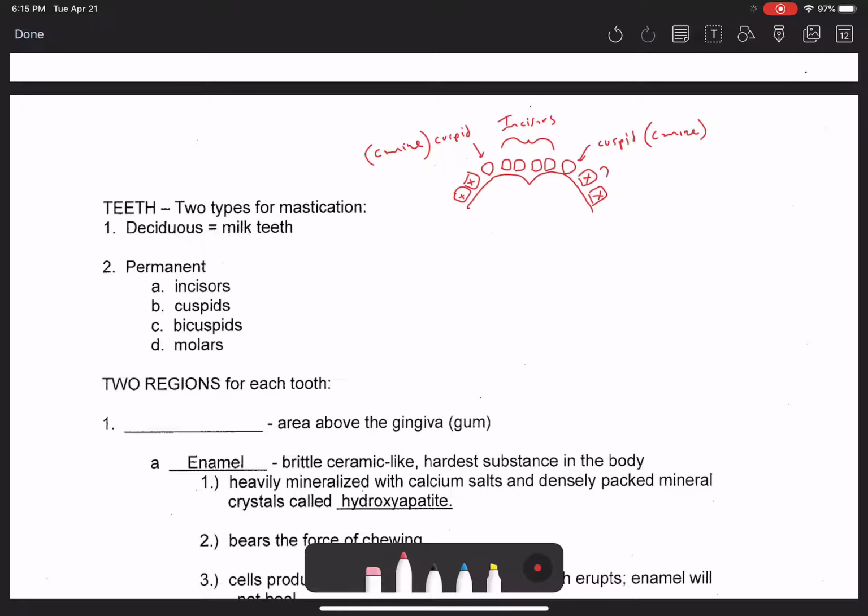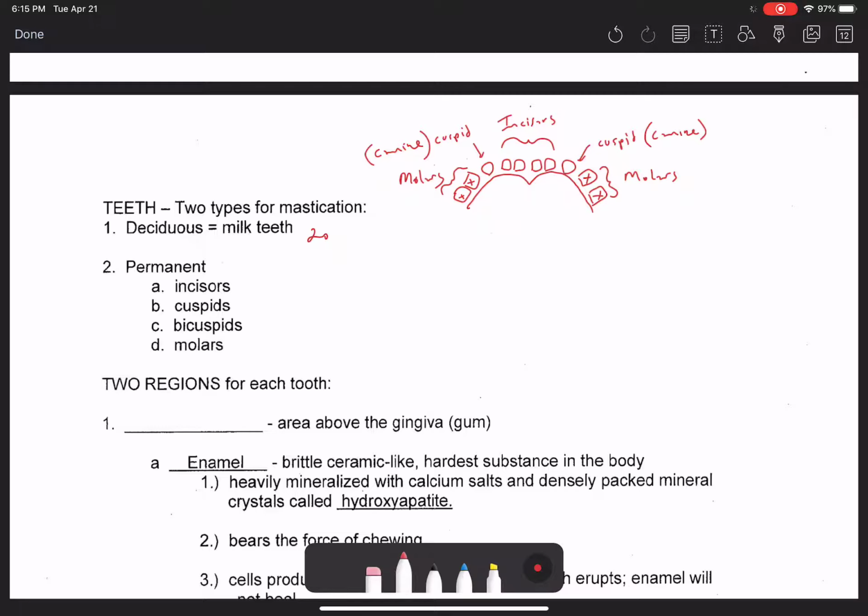So here we have 2 molars on this side, and then 2 molars on the other side. So if we count them up, we have 1, 2, 3, 4, 5, 6, 7, 8, 9, 10. And so remember, we have the same number of teeth, same types of teeth in the same order on the upper jaw as well. So that gives us a grand total of 20 deciduous teeth.